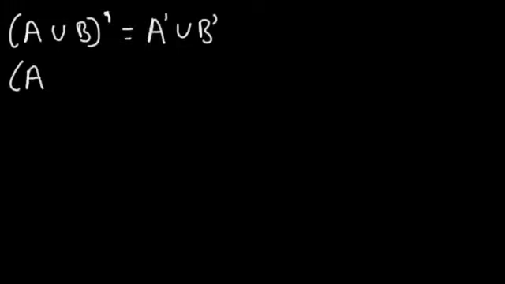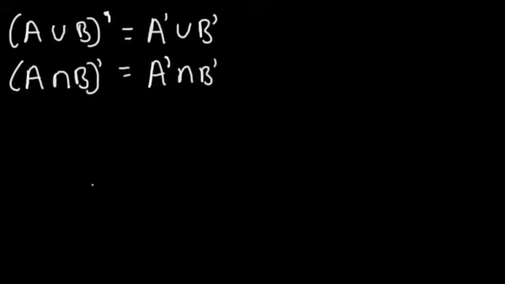Also, if we have (A intersection B) prime, or complement, this simply equals A complement union B complement. I would even say there's no need to use an example to check whether this is right, because you can make use of some algebra at this point, distributing what we have outside for everything we have inside.